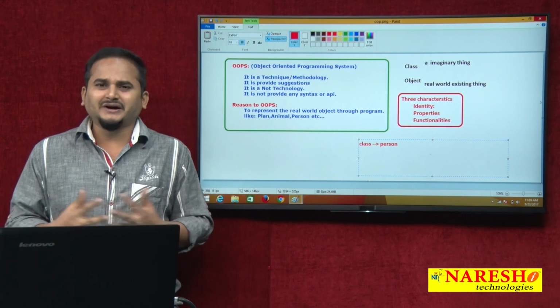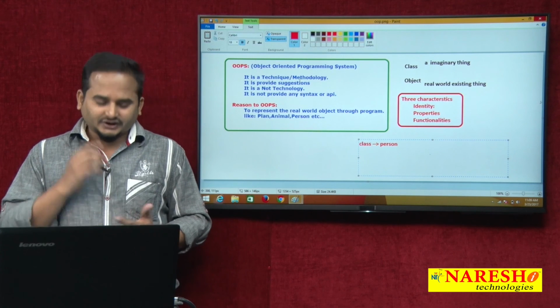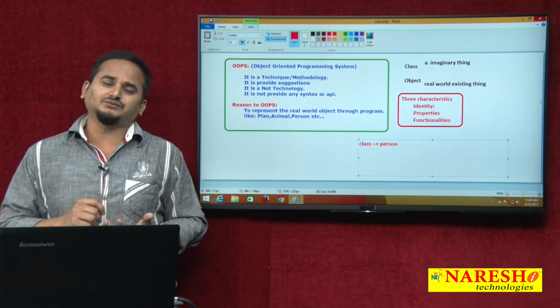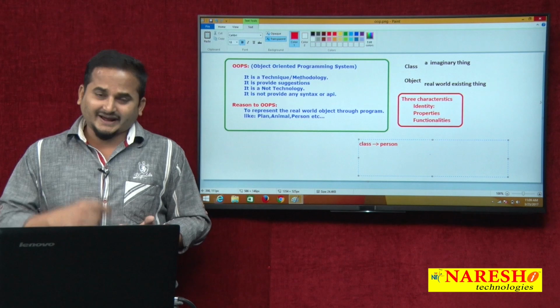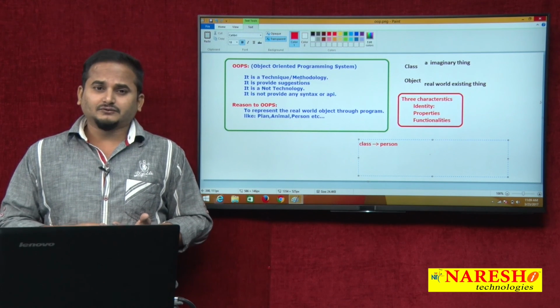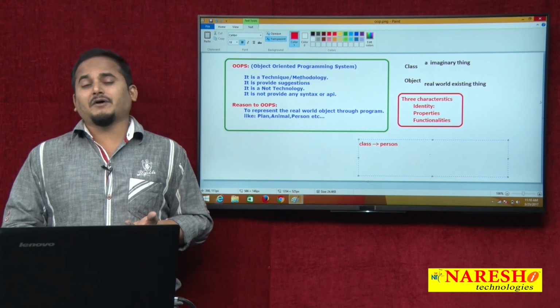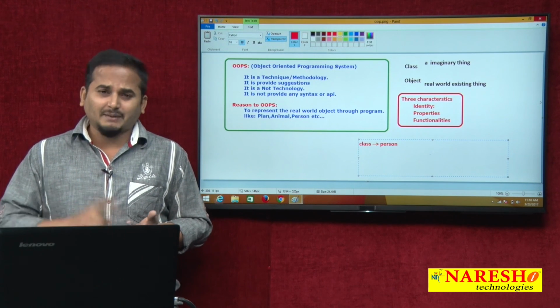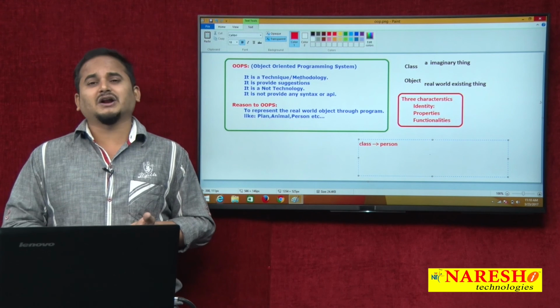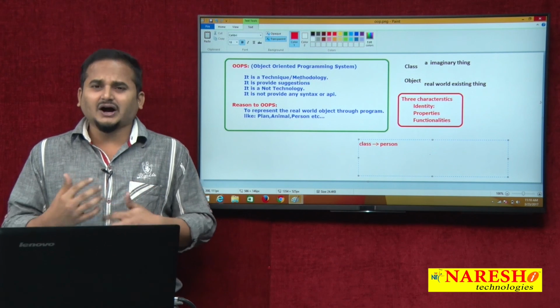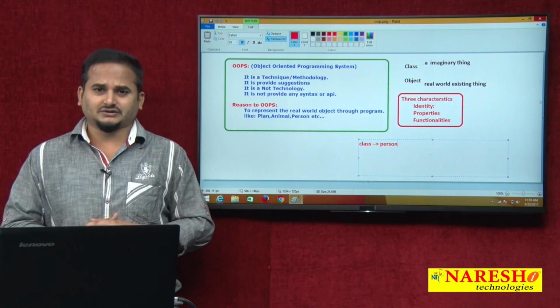For example, if I speak about a bank account, definitely I need to develop real world objects. First I need to develop the bank object. After that I need to develop the staff object, meaning the employee object. I need to develop the customer object. So different objects come into the picture.